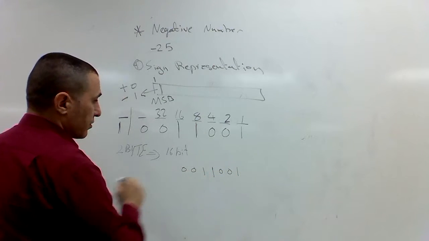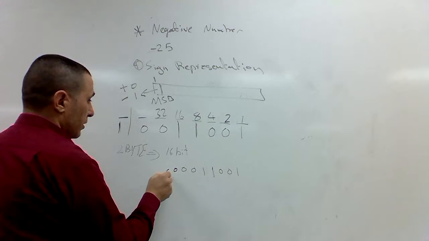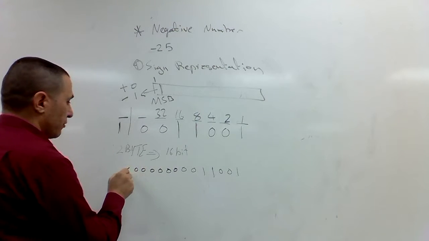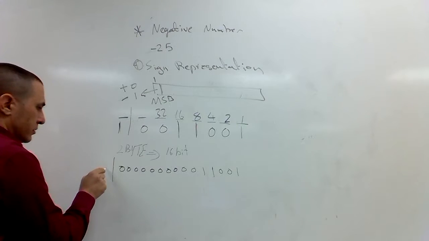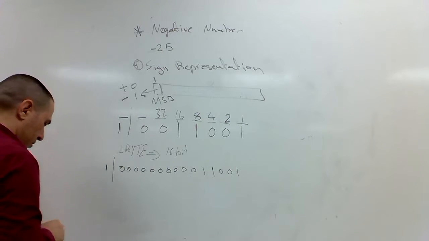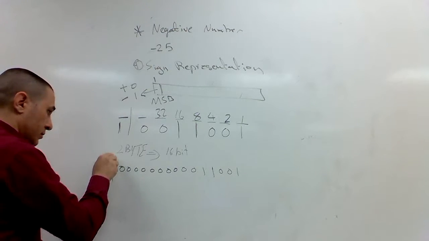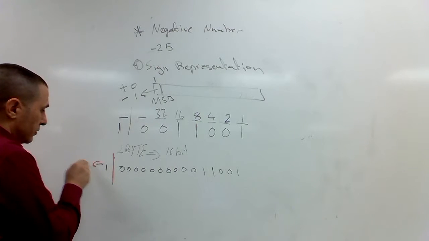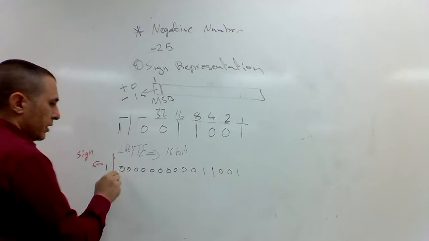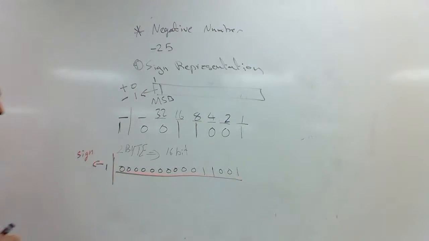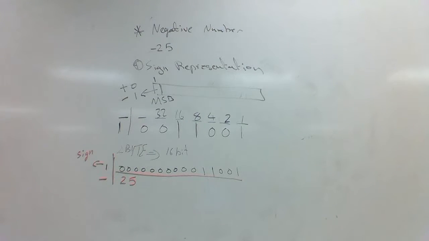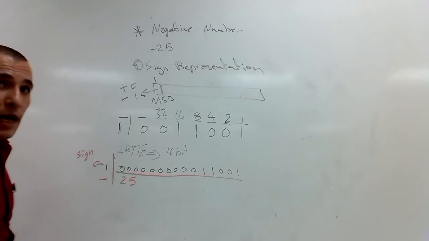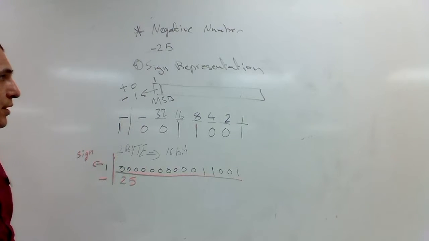This is how many? 7, 8, 9, 10, 11, 12, 13, 14, 15. The 16th bit is the sign, representing the sign of the number, and the rest is the range of the number itself. This is negative 25 using the sign representation. One way: sign representation.